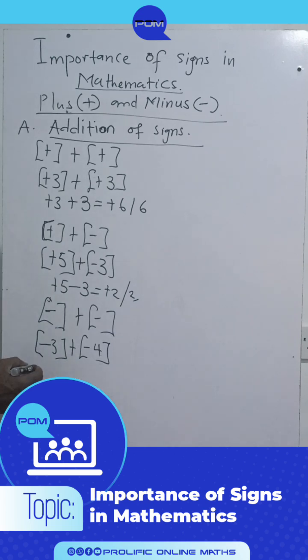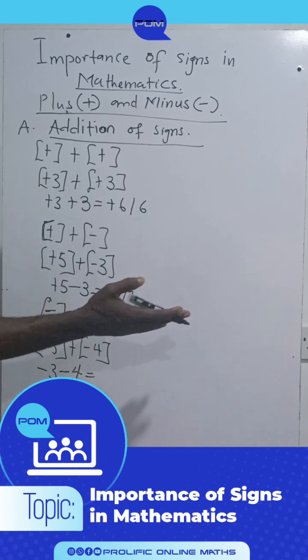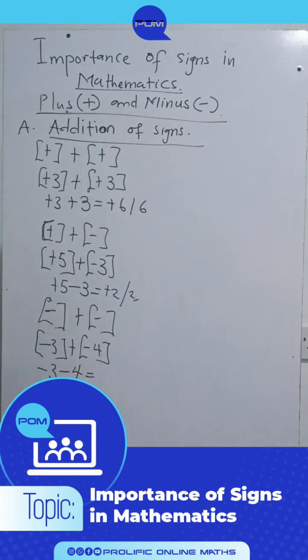The implication is that you are having minus 3, plus this minus will give you minus 4. Many students have issues with this, but let me clear it here. Whenever you're having negative with a number, no matter how long or how plenty the numbers are, all you need to do is just sum up all the numbers and place your negative sign there, and that is all.